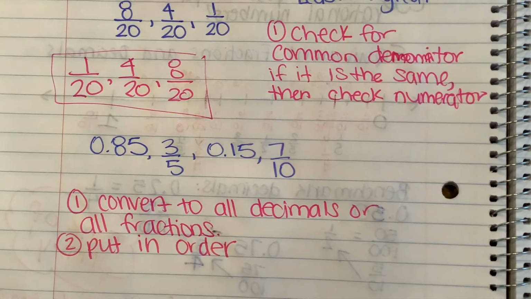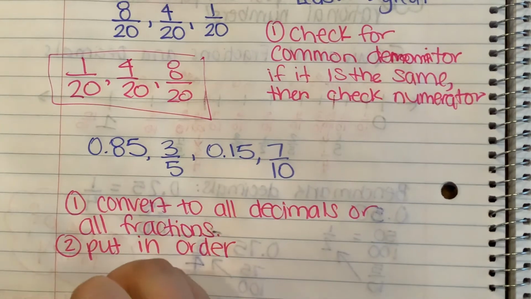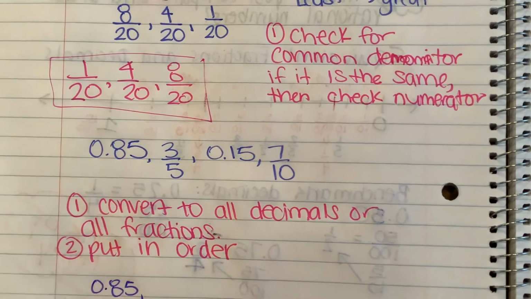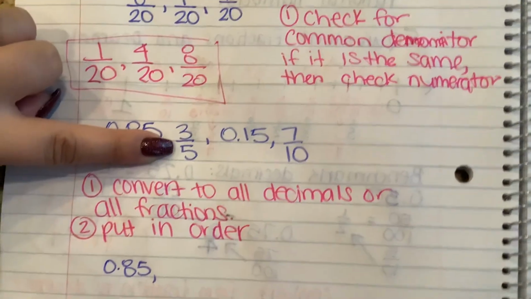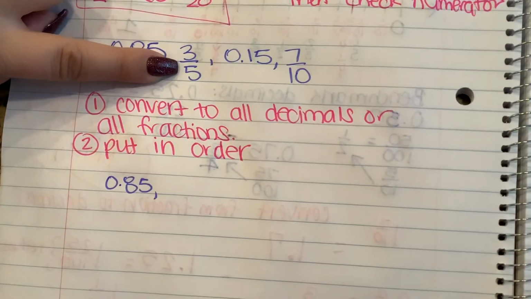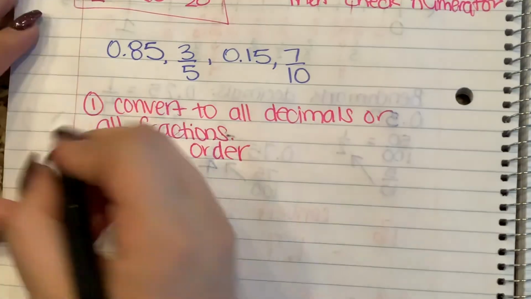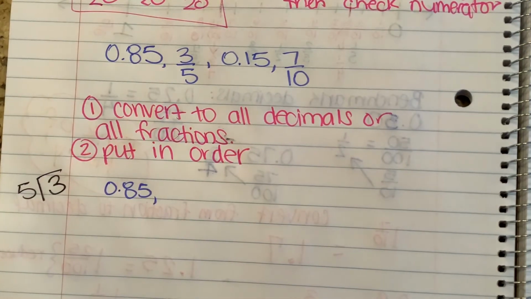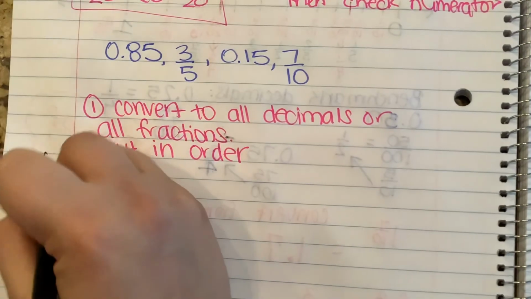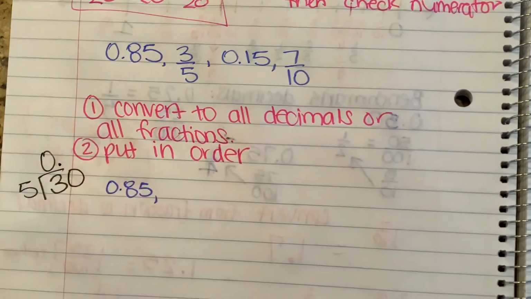So for the purpose of this, I'm going to convert them all to decimals. So the first decimal that I have is 85 hundredths. The next one I have to deal with is 3/5. When I go ahead and I convert this to a decimal, I use division. How many times does 5 go into 3? And 5 doesn't go into 3, so I'm going to put my 0 up top and add my 0 here.